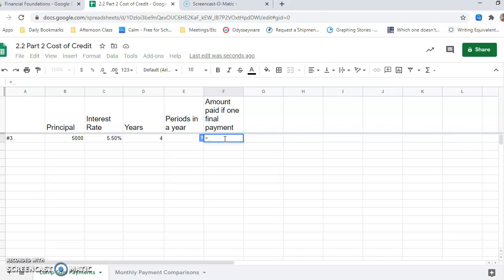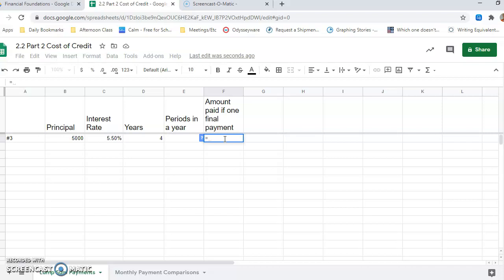It knows a formula is coming. I could type it like I would put it in the calculator, 5,000 times 1 plus the percentage, but then it's only good for this one problem. So instead I tell it where to find the information, which we call the cell address.